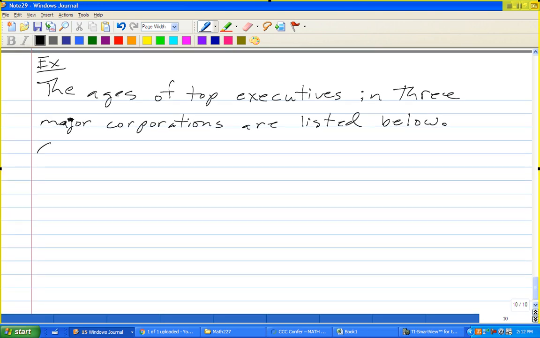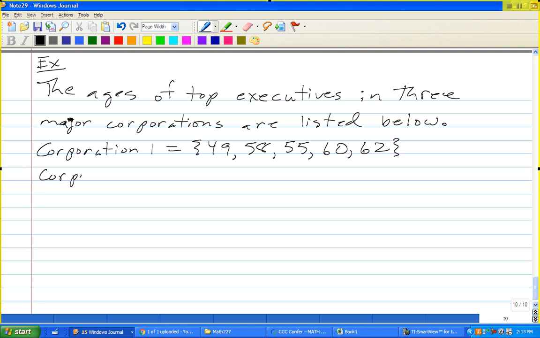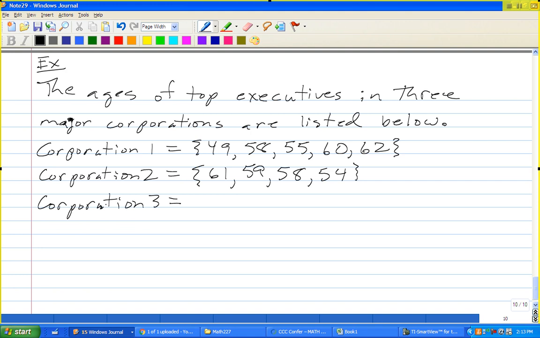Corporation 1: 49, 58, 55, 60, 62. Corporation 2 is 61, 59, 58, 54. Corporation 3: 56, 63, 60, 48. Okay.